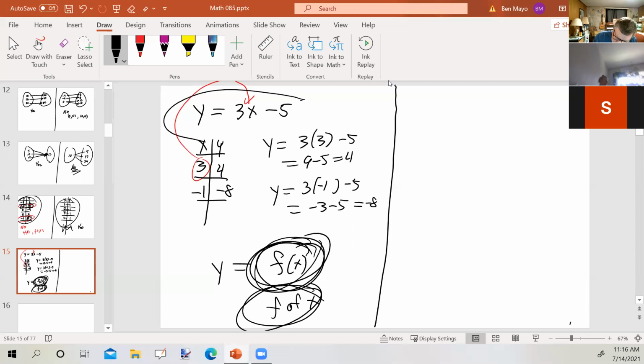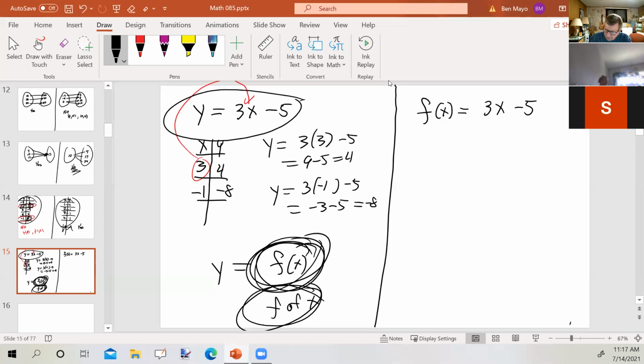So taking this equation and writing it as a function, it would look like this: F of x equals 3x minus 5. Okay, so using that f of x symbol says this equation is and behaves like a function. For each input, for each domain value I insert, I'm going to get just one range value.